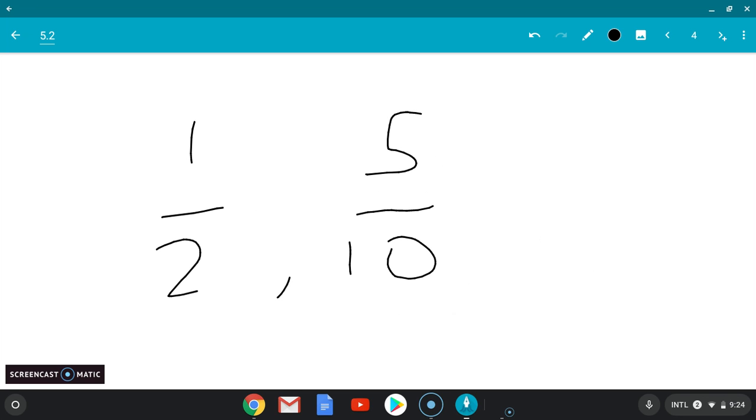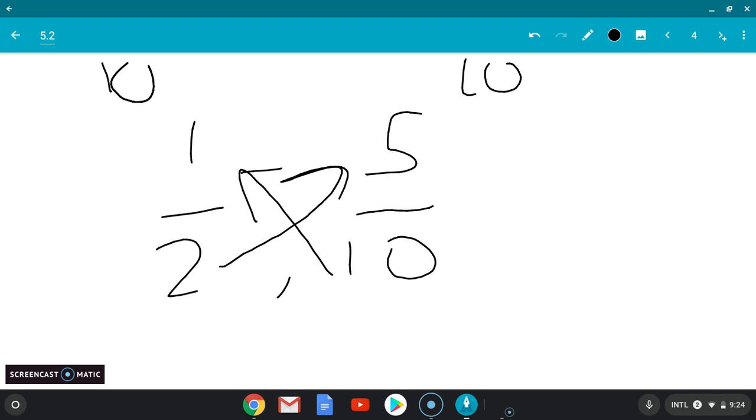What I could do is cross multiply. So that's ugly. I take my 2, multiply it by the 5. 10 multiplied by the 1. Draw these little arrows, right? Plug in my calculator if I have to, but hopefully you could do this in your head. 2 times 5 is going to give me 10. 10 times 1 gives me 10.